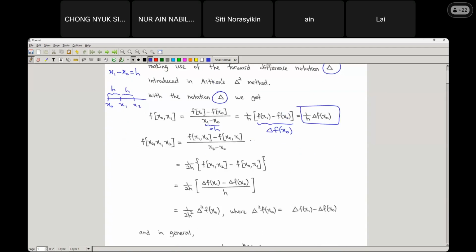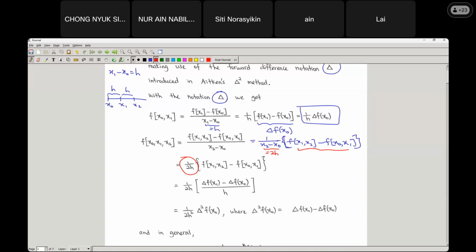I can factorize it as 1 over (x2 minus x0) times, using a curly bracket, f[x1, x2] minus f[x0, x1]. We know that x2 minus x0 is equivalent to 2h, so we get 1 over 2h multiplied by this.